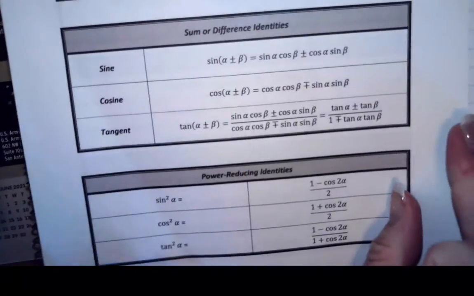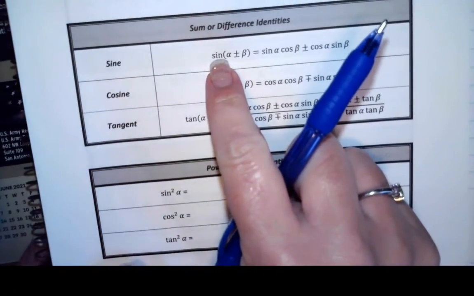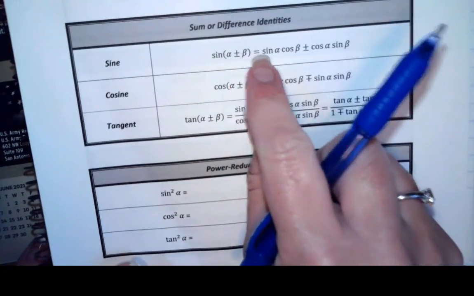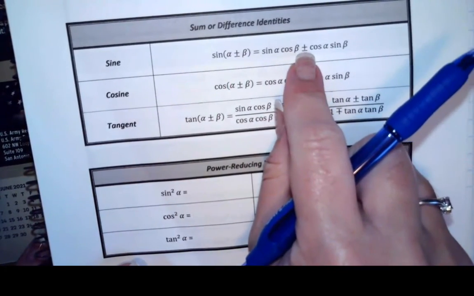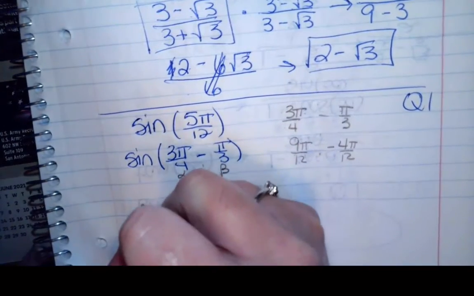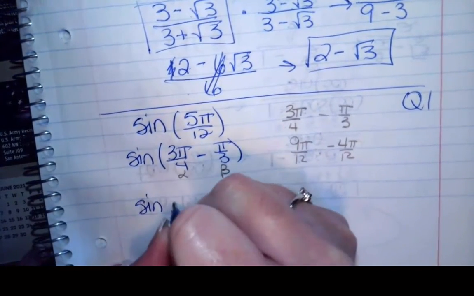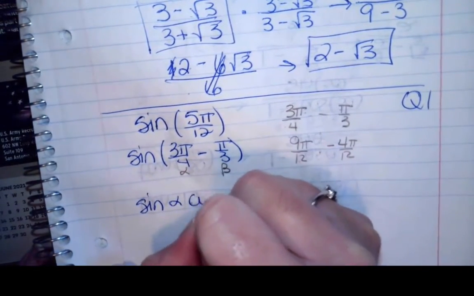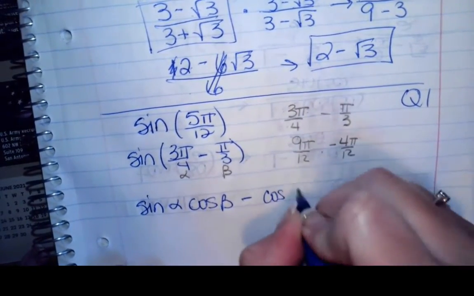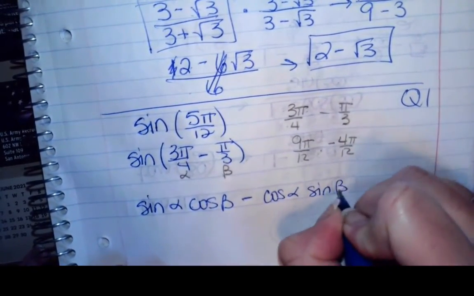So if I'm using a sum or difference formula, the sine of alpha minus beta is going to be sine alpha cosine beta minus cosine alpha sine beta. So this becomes the sine of alpha cosine beta minus cosine alpha sine beta.